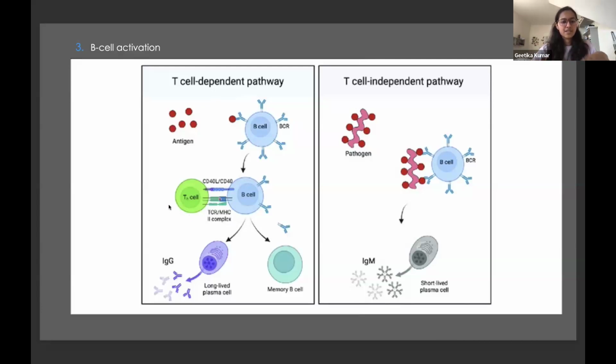That T follicular helper will then bind to the peptide MHC complex on the B cell and select the B cell for clonal expansion. It basically selects B cells which will have antibodies that are effective against the correct antigen on the pathogen.